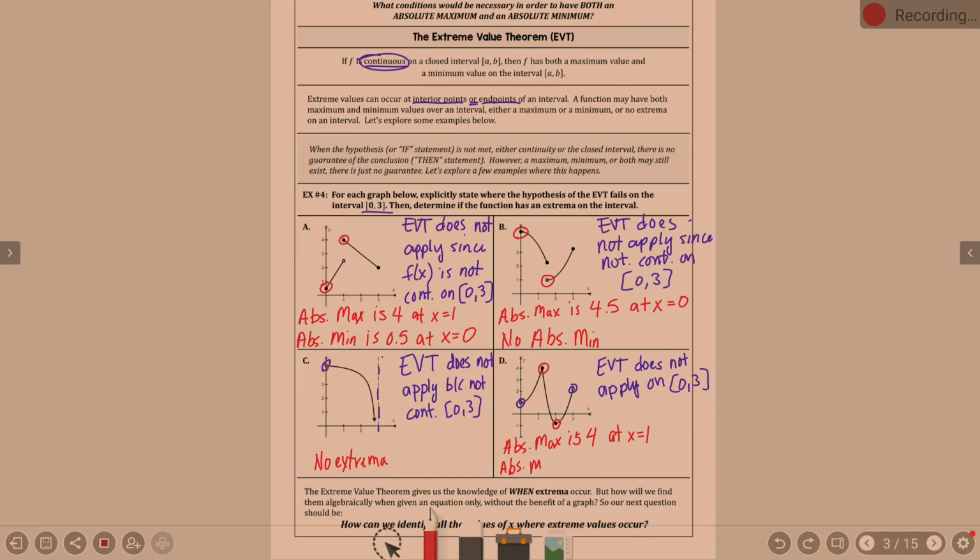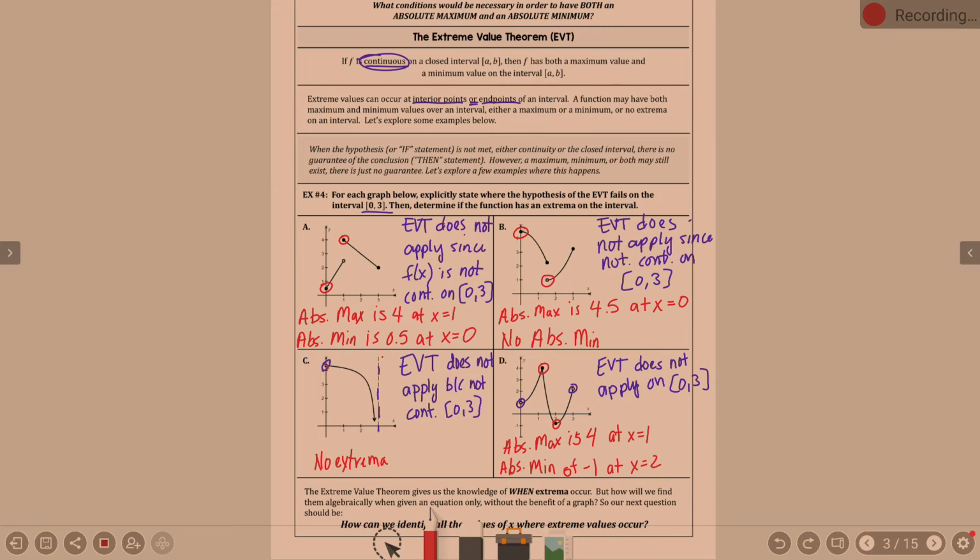And what about absolute min? Absolute min of -1 at x equals 2. Okay.